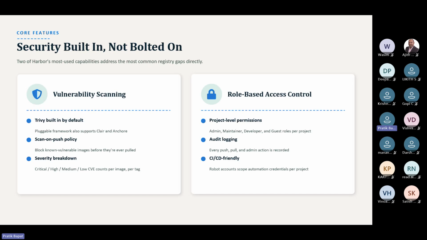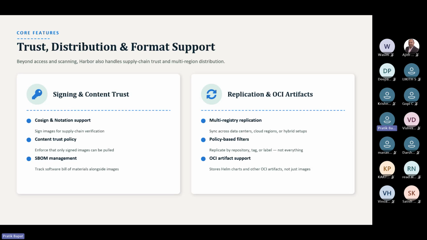Then we get audit logging. It stores each and every activity which happens in our Harbor, so it can be used for audit logging purposes. The next feature is signing and content trust.